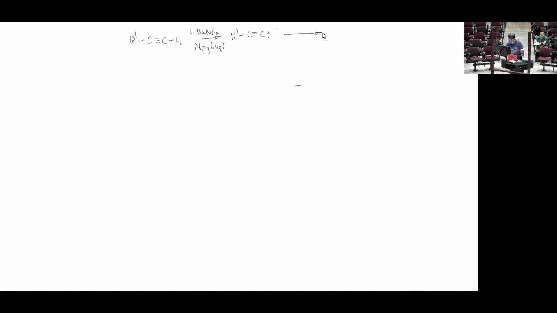For my second step, I would want to use an alkyl halide, preferably primary. So we'll say R2CH2X, and X can be chlorine, bromine, or iodine. I don't know how well fluorides would react. Probably not so great.